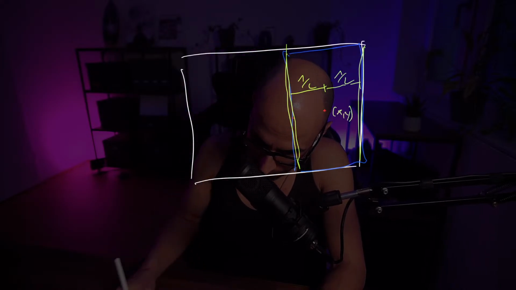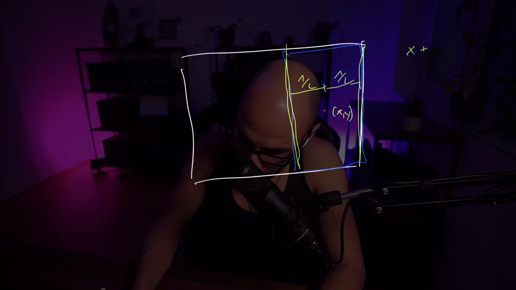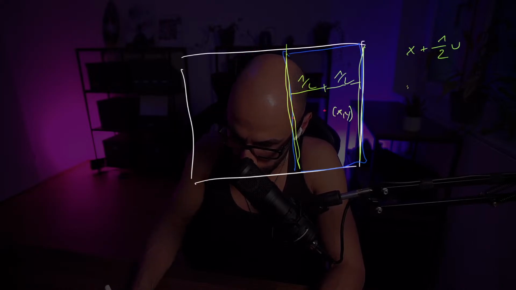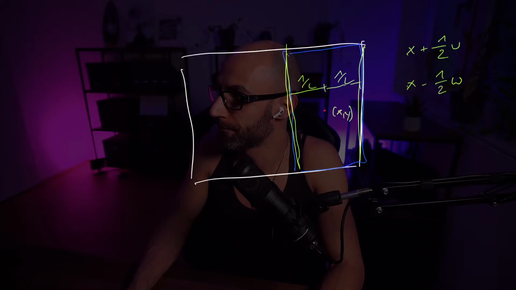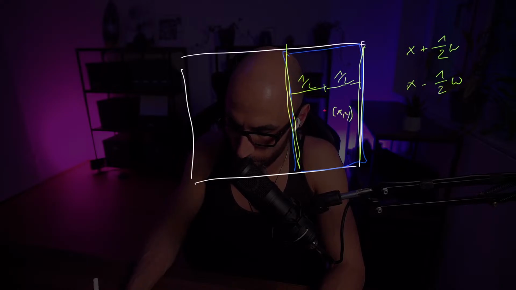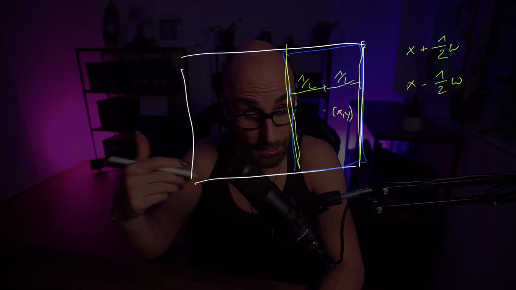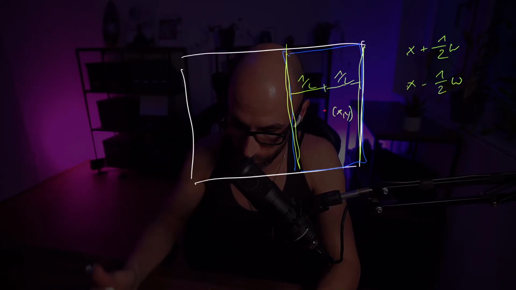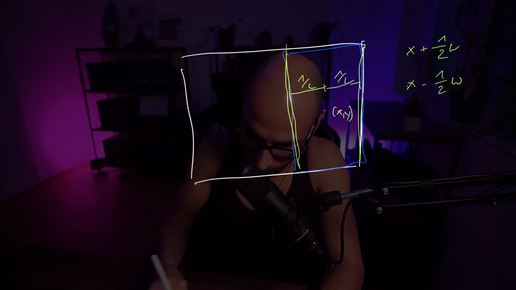So we have X plus 1/2 width is our right side, and the left side would be X minus 1/2 width. As we all know, this is the ideal world, we have to limit it to the whole width of the image.